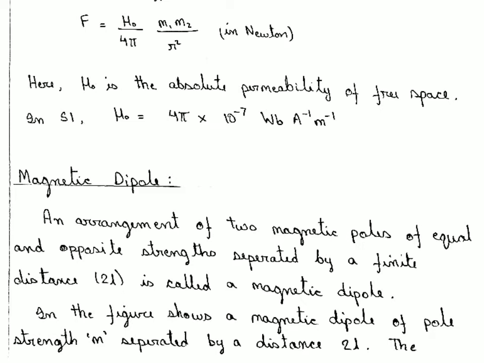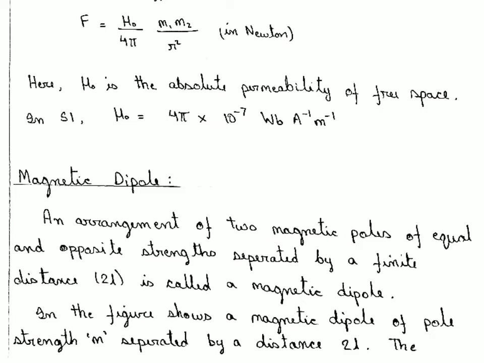An electric dipole, if we can recall, is defined as an arrangement of two equal and opposite point charges separated by a finite distance 2a apart. So here the distance between the two poles is 2L, whereas in electrostatics the distance between the two charges is 2a.